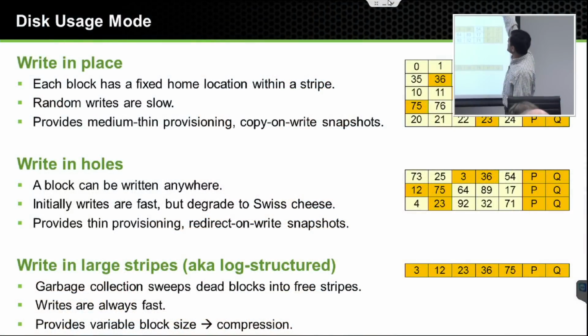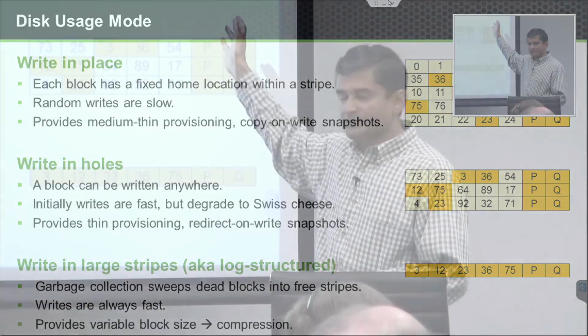Here I've shown these stripes as these rows, and different stripes may have different logical addresses, but within a stripe, the blocks are laid out sequentially. So it's a relatively simple mapping from the logical to the physical space.